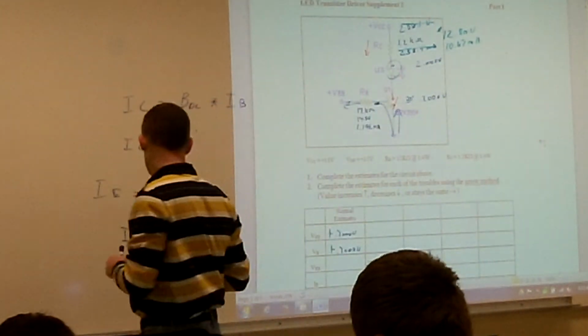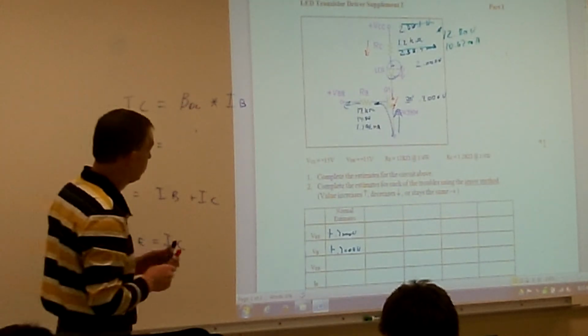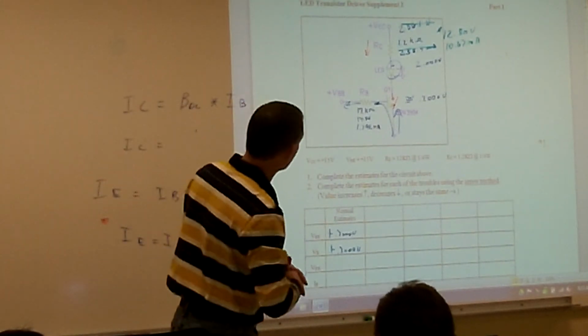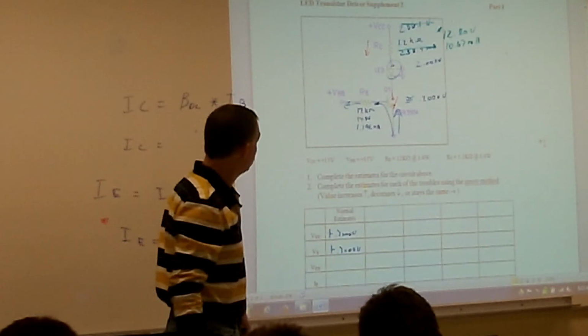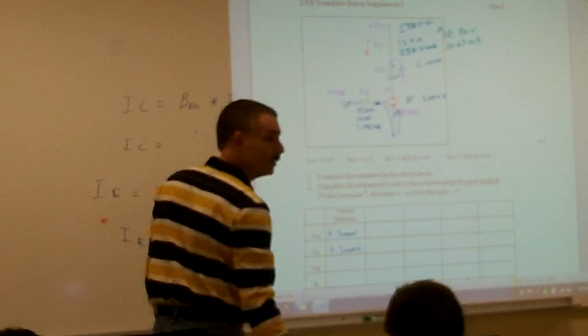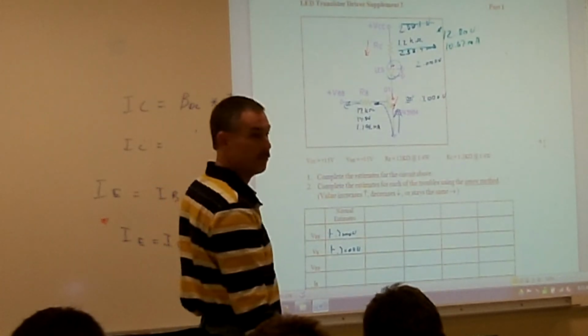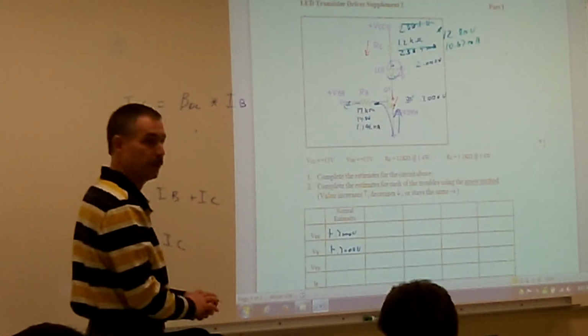Just to keep our rules consistent, our rule is IE equals IC. But it would equal 11 point something. Somebody said 11.8? Yeah, 11.86 is really what the true current going through IE would be.